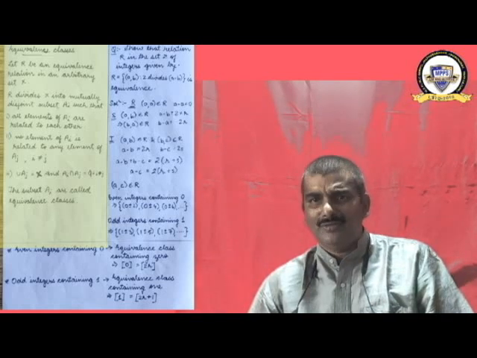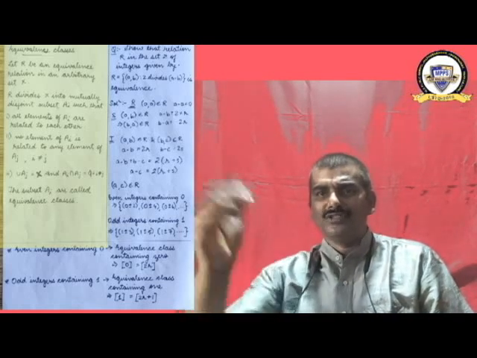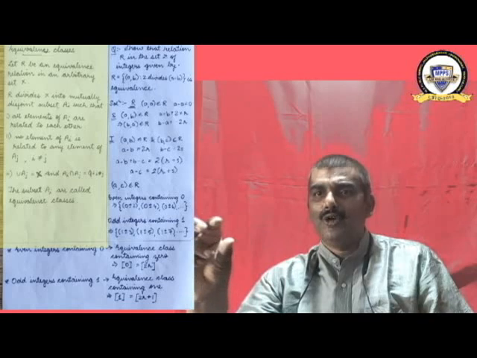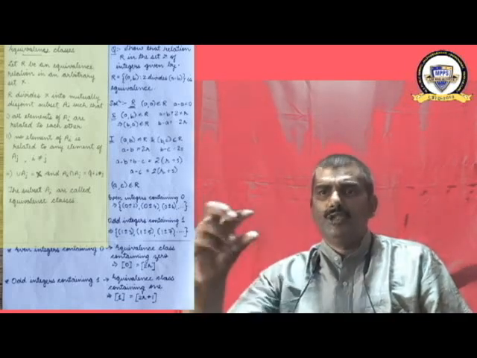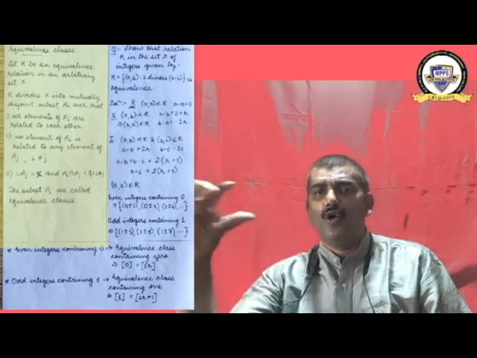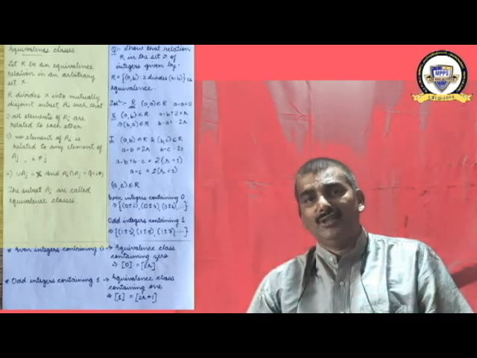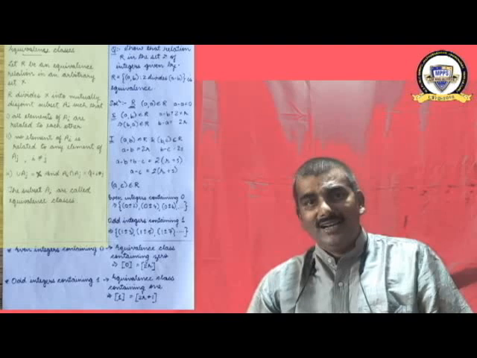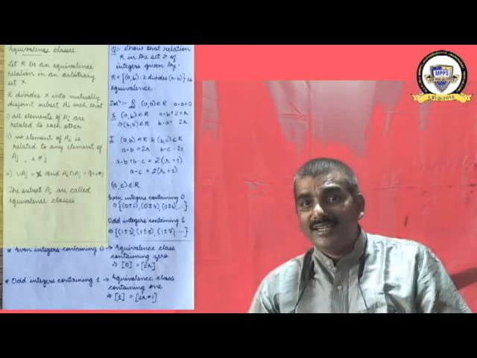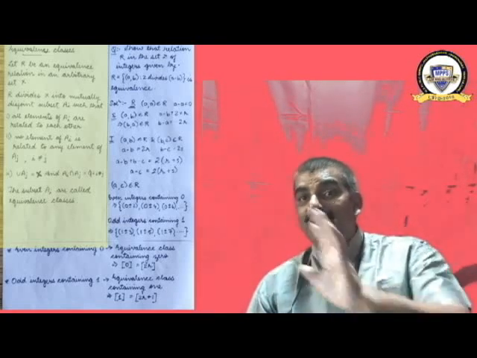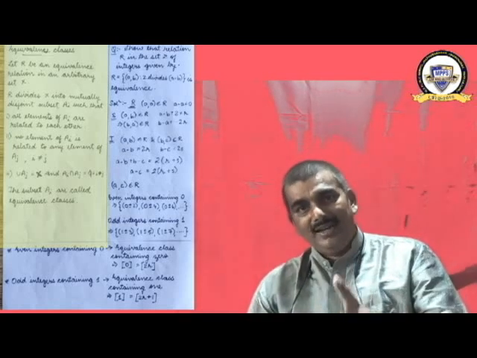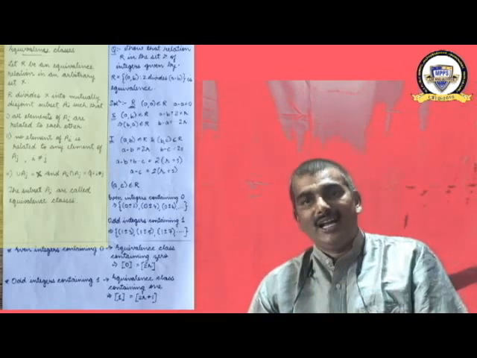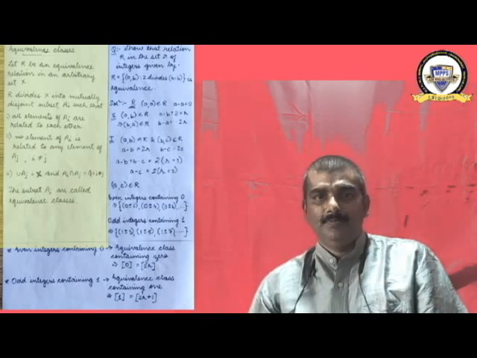Arbitrary set X means what? The question itself may be a set of integers Z, a set of natural numbers, a set of real numbers, a set of whole numbers. That is an arbitrary set X. See, our relation is an equivalence relation on the arbitrary set of integers. So the first rule is clear: the relation is an equivalence on the arbitrary set of integers.